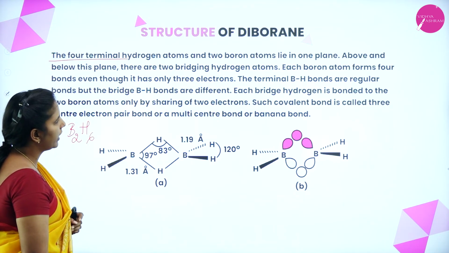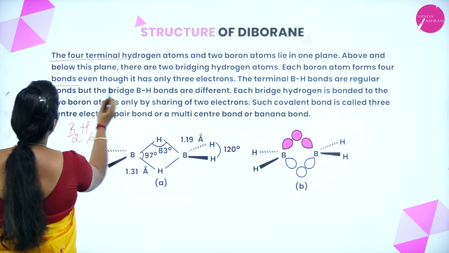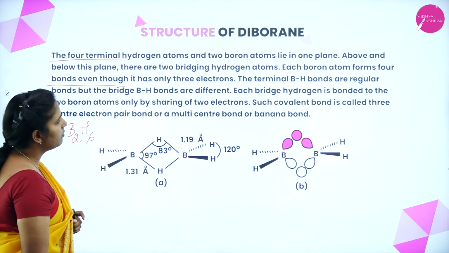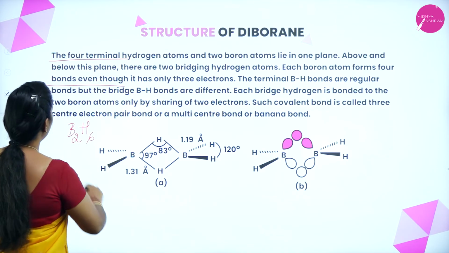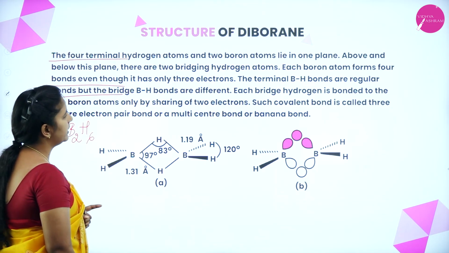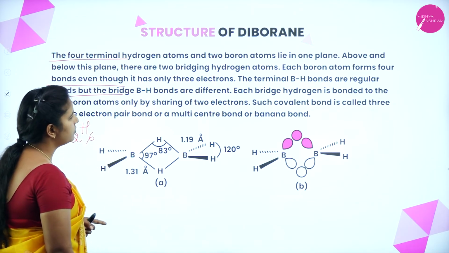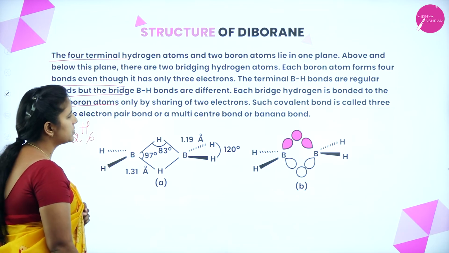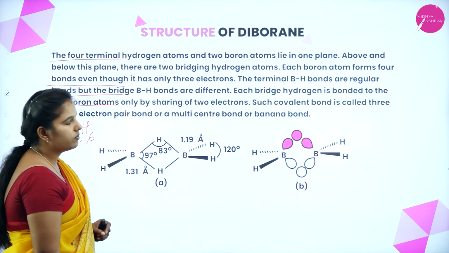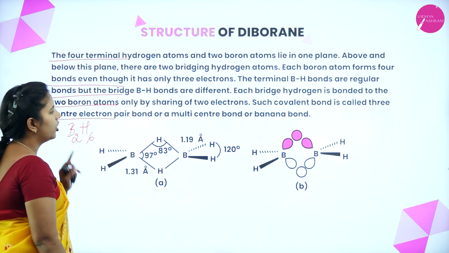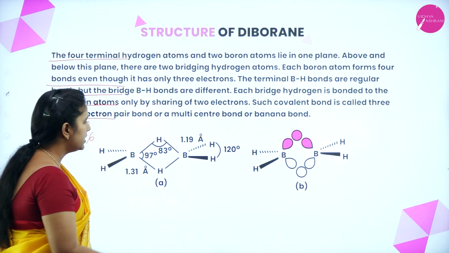Each boron atom forms 4 bonds, even though it has only 3 electrons. The terminal boron-hydrogen bonds are regular bonds, but the bridge boron-hydrogen bonds are different. Each bridge hydrogen is bonded to the 2 boron atoms by sharing its 2 electrons, and such covalent bonds are called 3-centered 2-electron bonds, or multicenter bonds, also known as banana bonds.